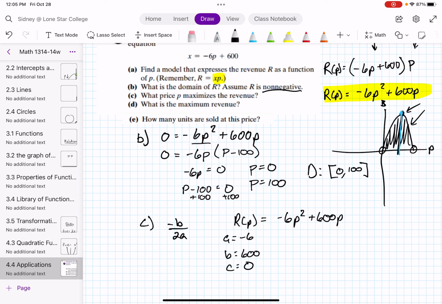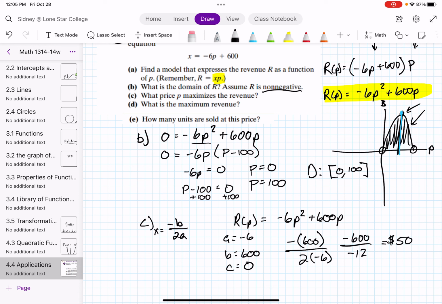So to find the x-coordinate of my vertex, x equals negative b over 2a, so that's going to be negative 600 over 2 times negative 6. So that gives me negative 600 over negative 12, which gives me 50.